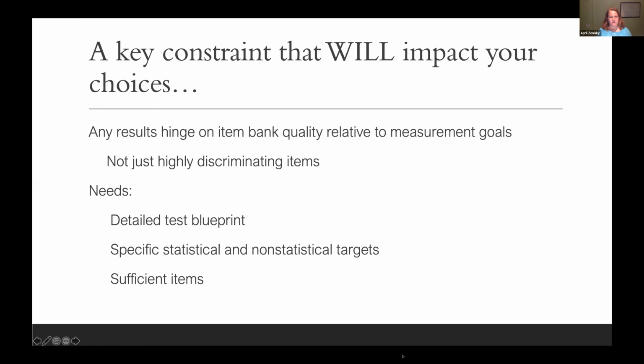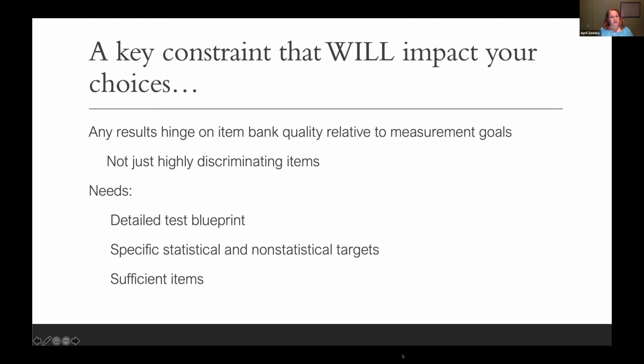And I can say from experience, it's really hard to have highly discriminating, very easy items on, say, geometry, or really hard, highly discriminating items on functions, because there's not necessarily a lot of people up there for my pre-testing. But when you can match your bank to what you're trying to do, your MST can work.